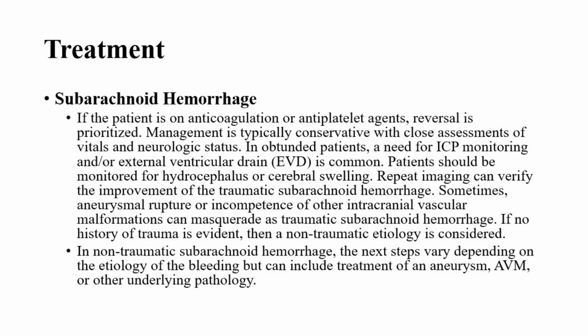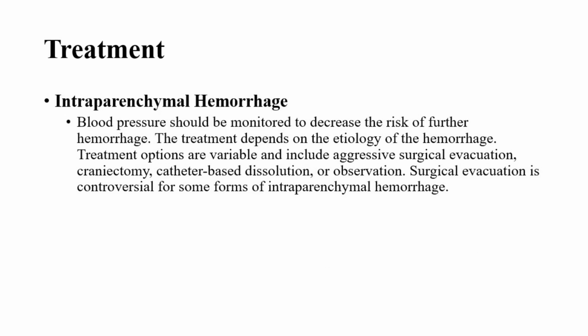Patients should be monitored for hydrocephalus or cerebral swelling. For intraparenchymal hemorrhage, blood pressure should be monitored to decrease the risk of further hemorrhage. The treatment depends on the etiology of the hemorrhage. Treatment options are variable and include aggressive surgical evacuation, craniectomy, catheter-based dissolution, or observation. Surgical evacuation is controversial for some forms of intraparenchymal hemorrhage.